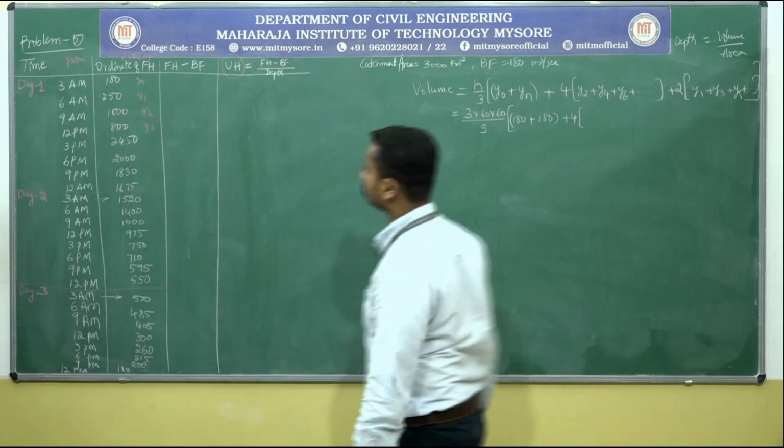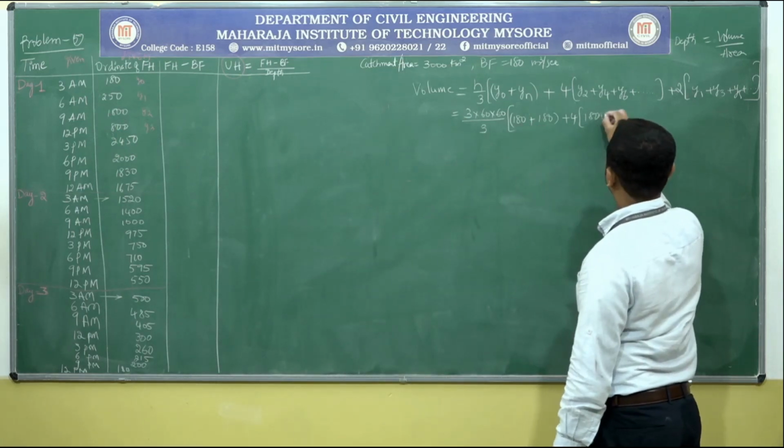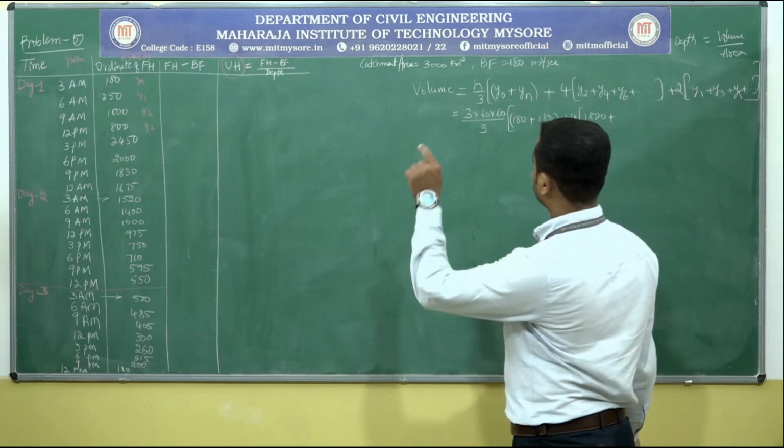Y2 is how much? 1800, that is an even ordinate.